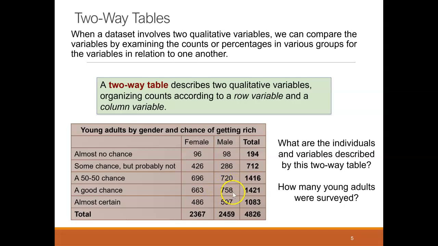The 758 says there are 758 males with a good chance of getting rich. Does everybody feel okay on how we're reading this two-way table? It's not super complicated, but it's really important that you're able to pull that kind of information from a two-way table. It'll become more important as we go on and do other statistics.